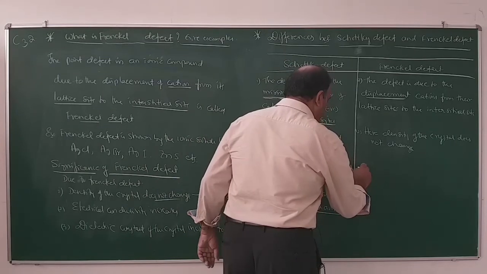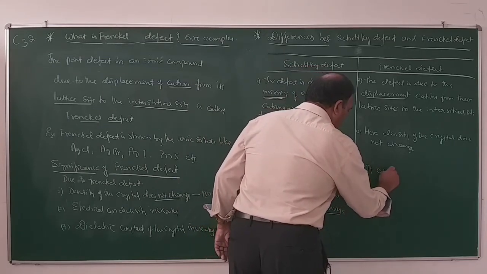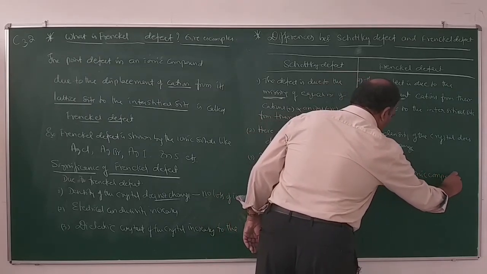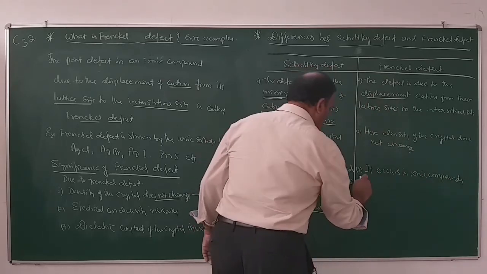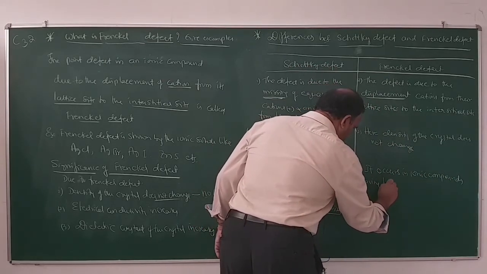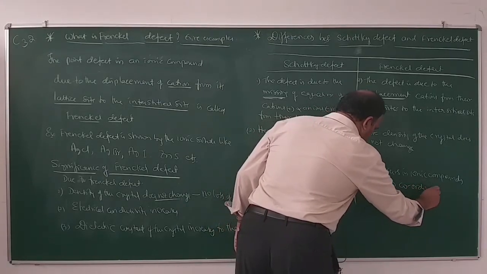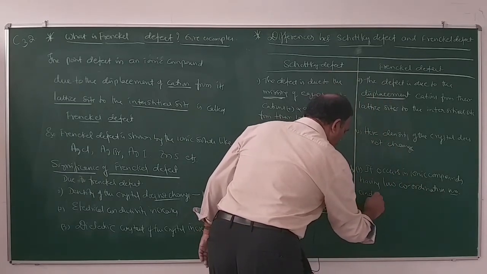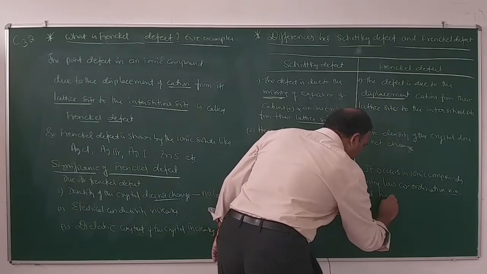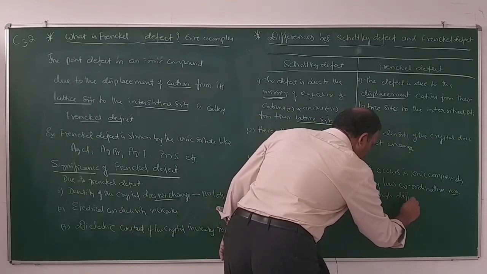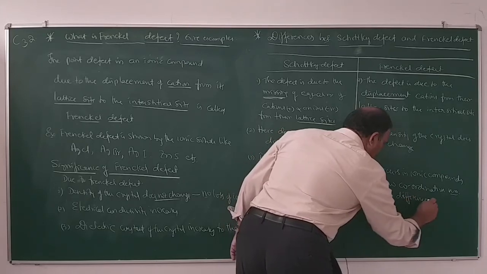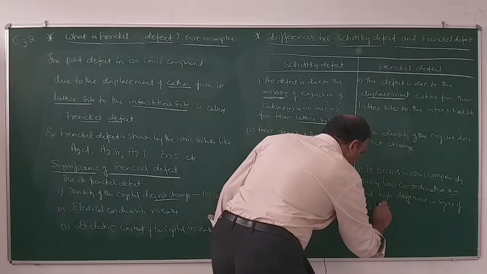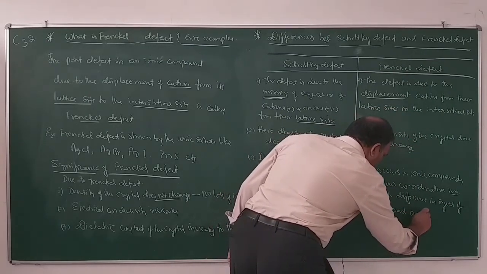Here it occurs in ionic compounds having low coordination number and high difference in the sizes of cations and anions.